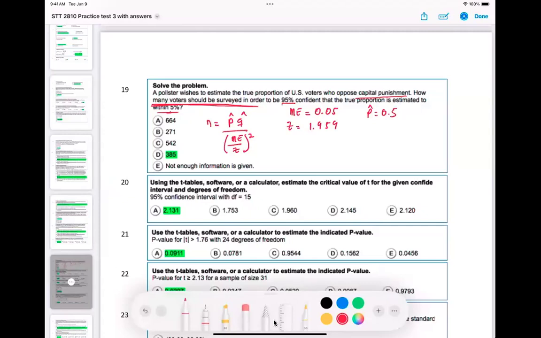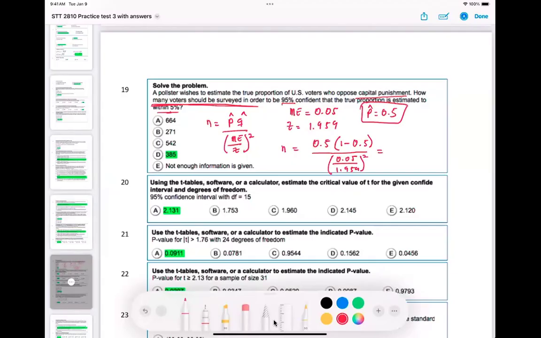Now this is very important. So now we have N equals 0.5, and Q hat is the same as 1 minus P hat, 1 minus 0.5, all divided by margin of error 0.05, divided by Z, 1.959, all squared.